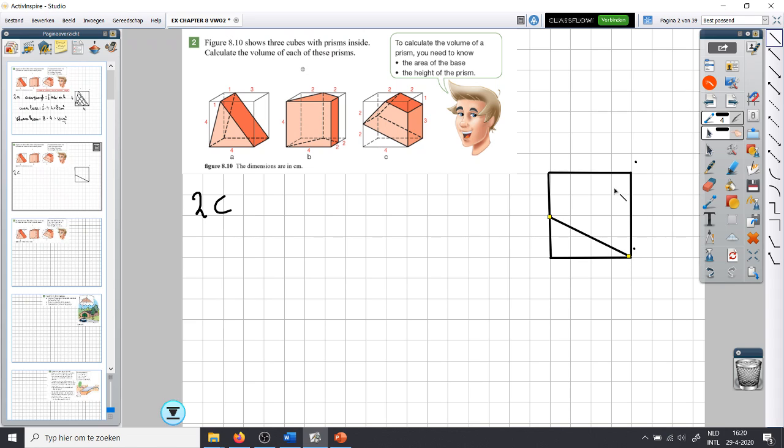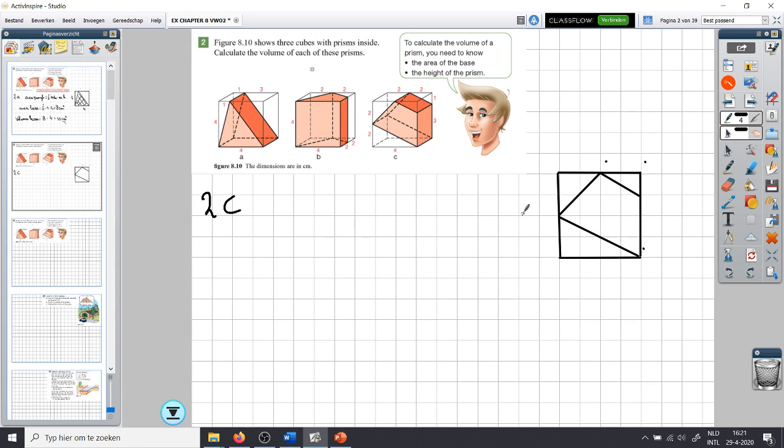If you're not making a sketch, the chances are much higher that you're going to make mistakes, because the sketch lets you fully understand how this drawing is exactly functioning. This is 2, this is 2, and this is also 2 and 2. This is 4, this is 3, this is 1.